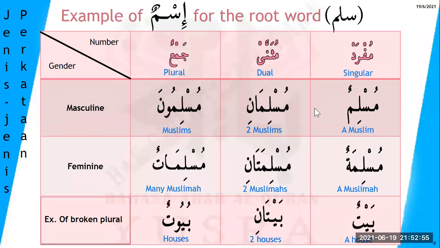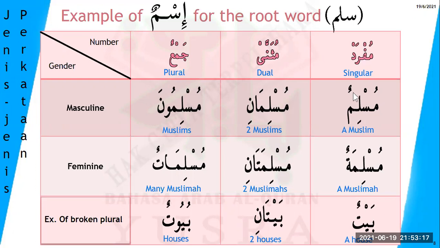For the isims, how can we differentiate whether it's masculine or feminine, singular or plural? If you look at the singular for masculine, we start with Muslimun, as we learned just now.